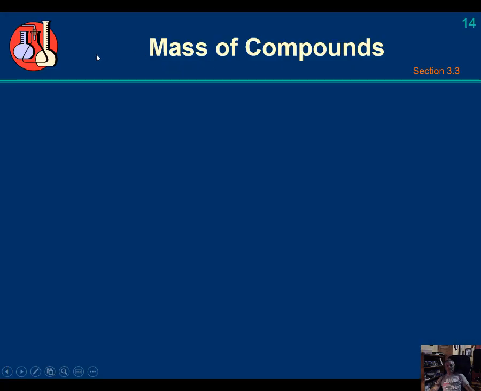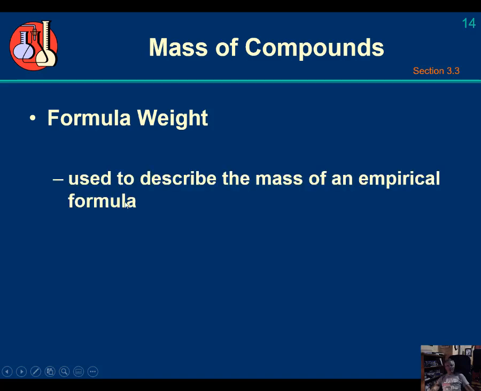Let's take a look at the mass of compounds. Now, mass is a measure of the amount of material. We talked about that before. It's a property of matter. And there are a couple of terms we need to become familiar with. We need to become familiar with formula weight, which is used to describe the mass of an empirical formula.